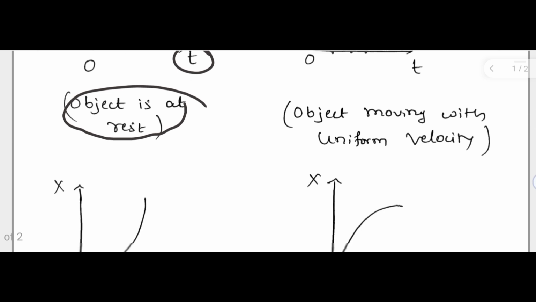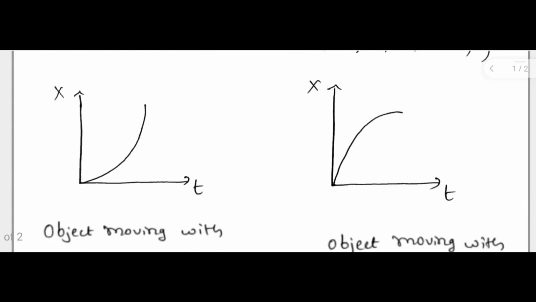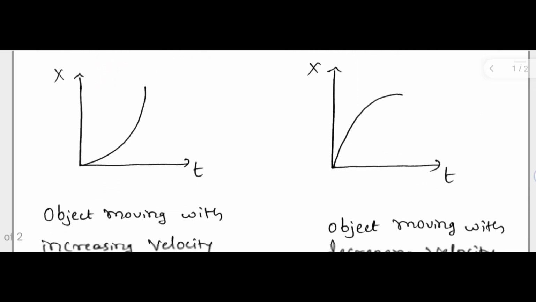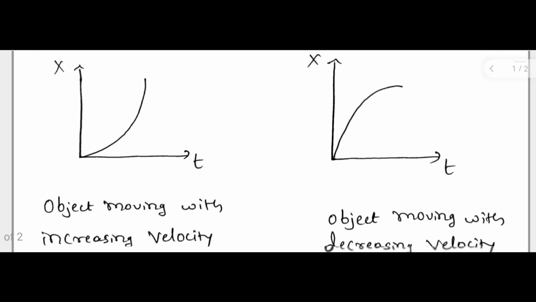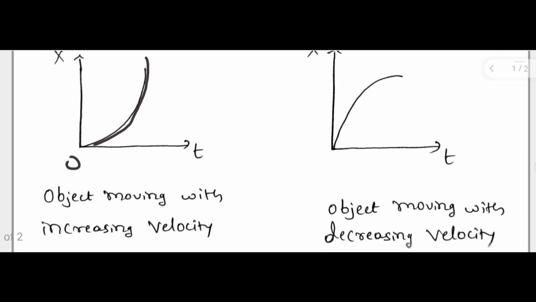Next one. In this graph, the object or particle motion is in increasing order, from 0 to higher values. Such graphs are known as object moving with increasing velocity.